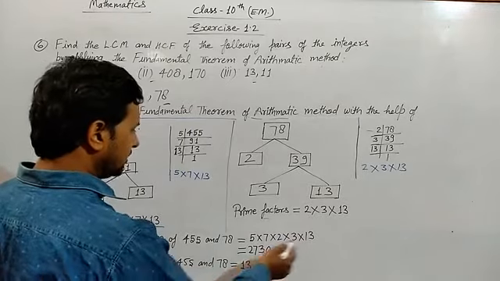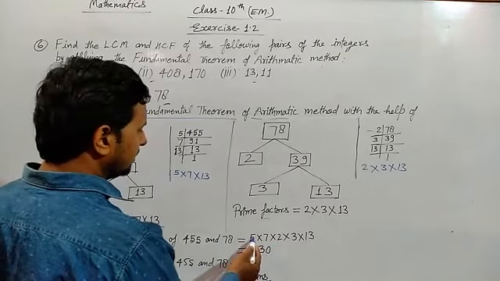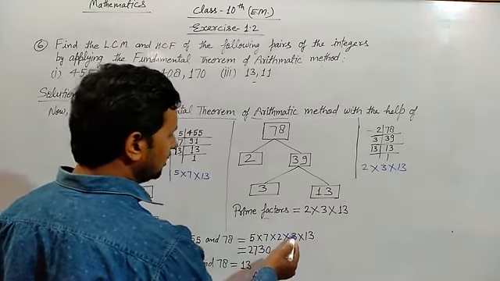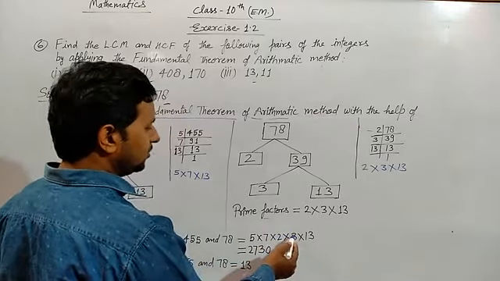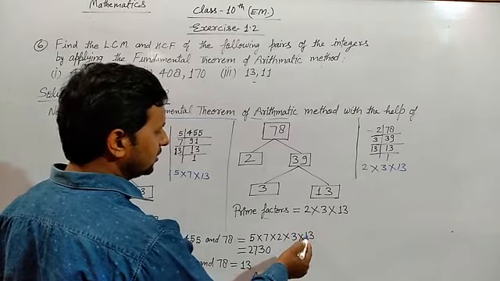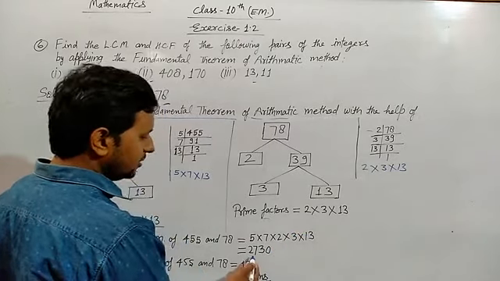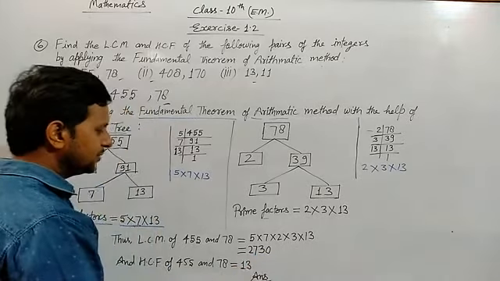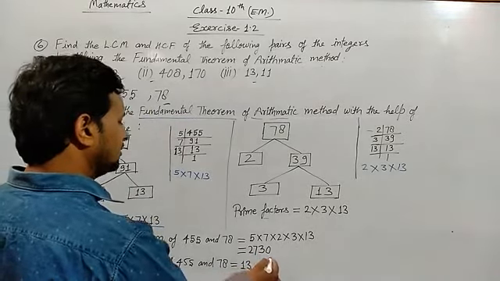So we have taken here. Now we multiply 5 7s are 35, 35 2s are 70, 70 3s are 210, and when we multiply 210 by 13 we get here 2730. Okay, so it is our LCM.